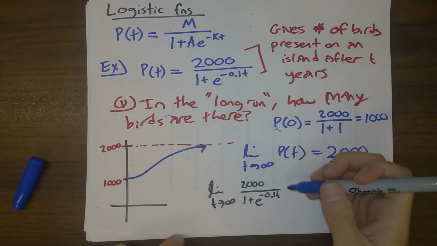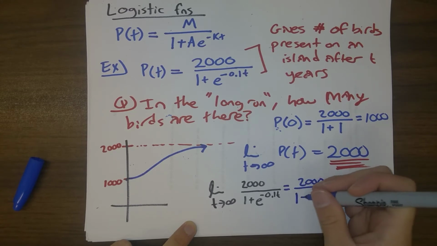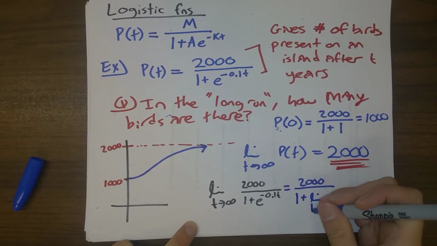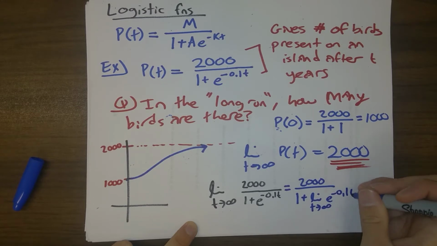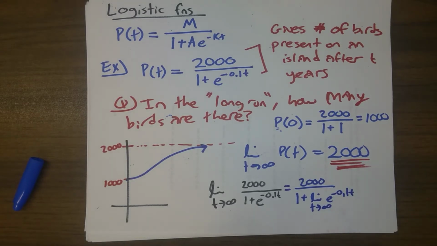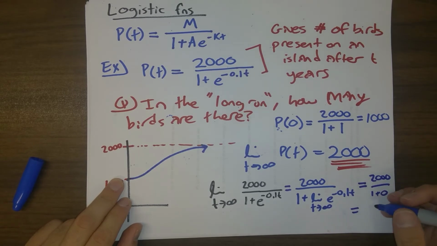So rewriting this by various basic limit laws, we take the limit as t goes to infinity of e to the minus 0.1 t, and as t gets bigger and bigger, minus 0.1 t goes off to minus infinity. e to the minus infinity is getting close to 0. So 2,000 over 1 plus 0 is 2,000.